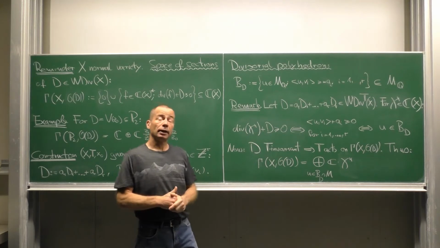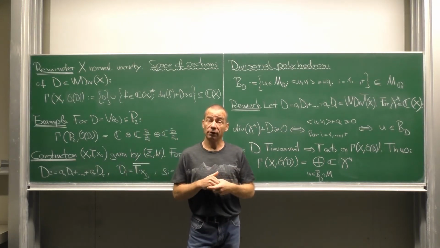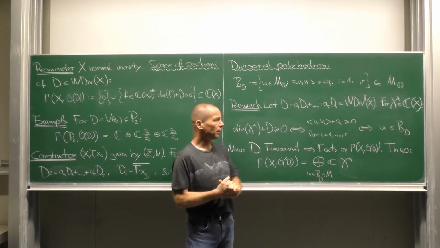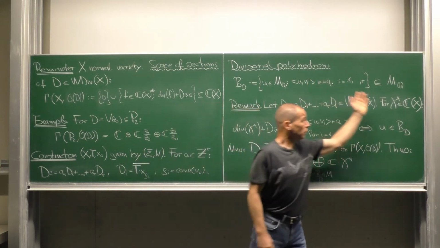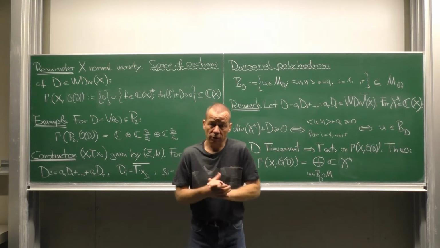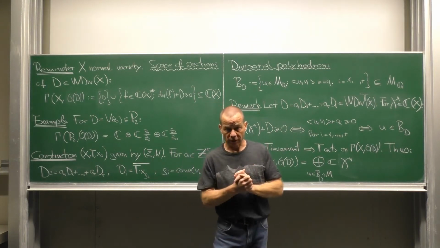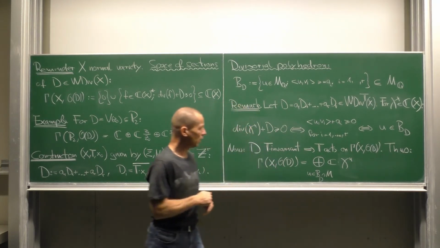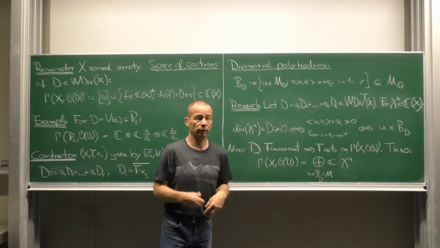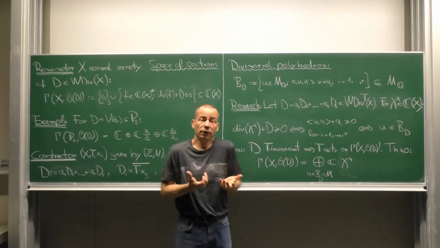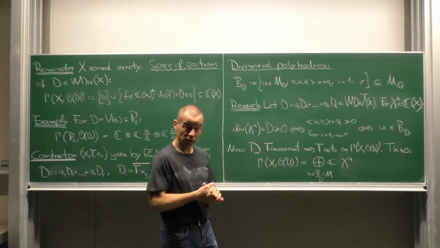Look again at the invariant divisor D defined by a vector A in Z^R. We want to know when a given character function is a section of this divisor. For this we have to test whether the divisor of chi^u plus D is non-negative. That means we have to look at the coefficients.